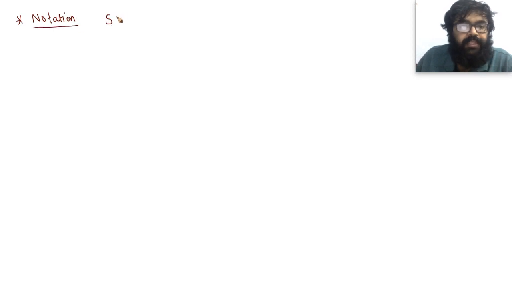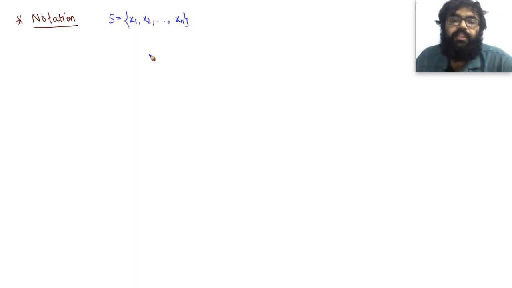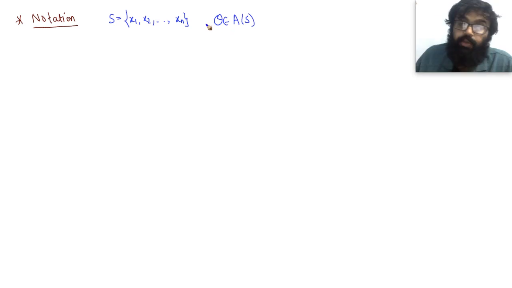So suppose S is the set x1, x2, up to xn. Suppose S has n elements and theta belongs to AS. This is also what we have discussed in the last video, and in the meet also. But just before going further, let us recall this.